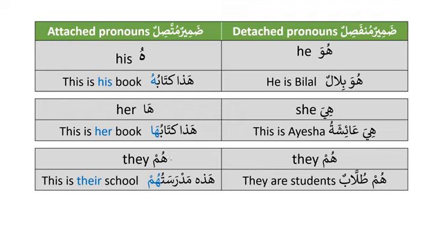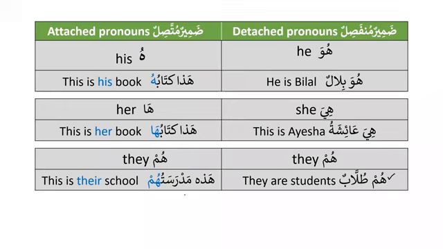And if it is used as mudaf ilayh, as we know that all the attached pronouns are used as mudaf ilayh, then it will be translated as attached pronoun. For example, hadhihi madrasatuhum, and this is their school. Now you might be thinking how to differentiate between whether it is used as subject or as the attached pronoun.